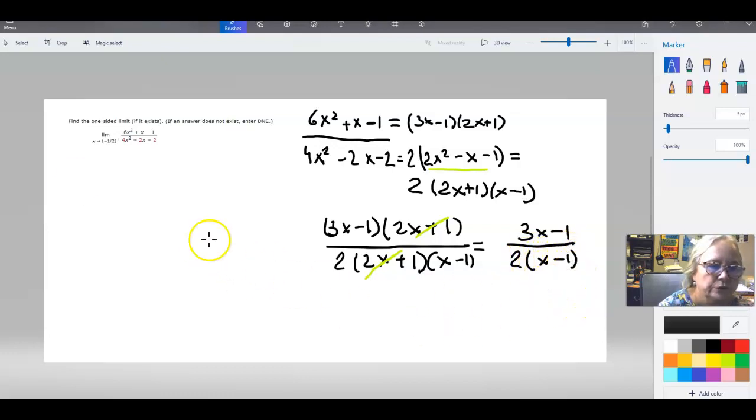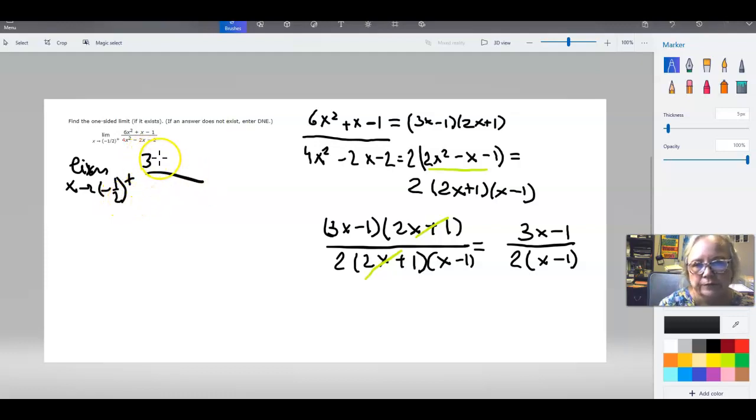Now let's see what happens if we try to find the limit as x approaches negative 1/2 on the right, meaning numbers greater than negative 1/2, of this expression 3x minus 1 over 2 times x minus 1.